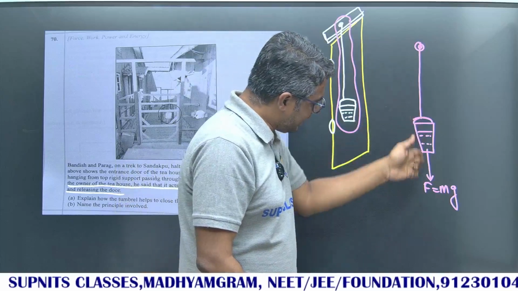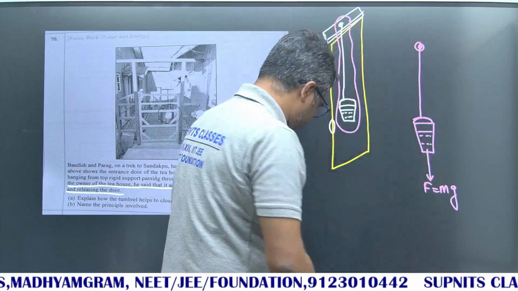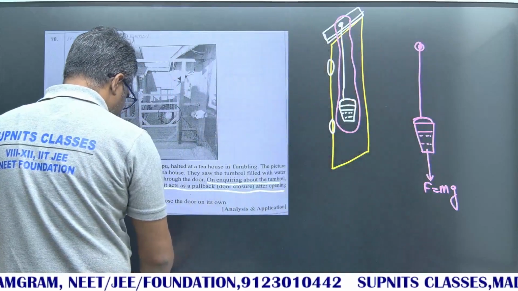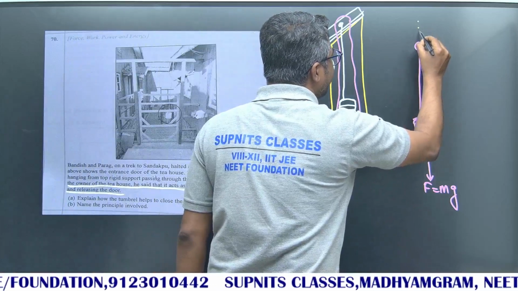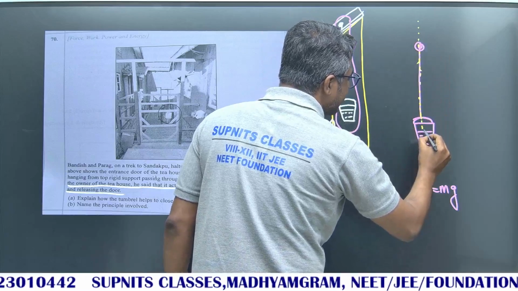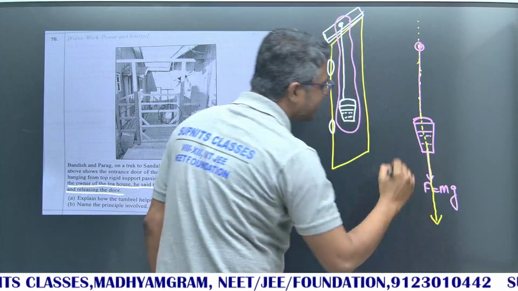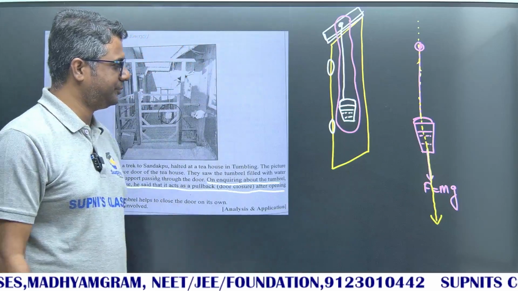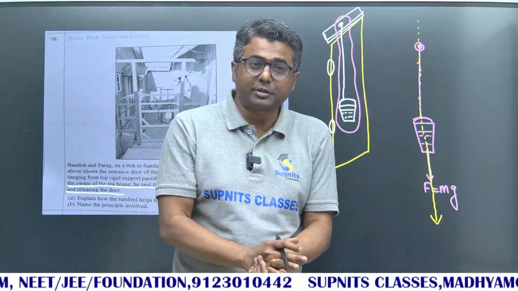If I draw the line of action of the force, then the line of action of force is this one. Clear? It is exactly passing through the fixed point, that is the pivot.